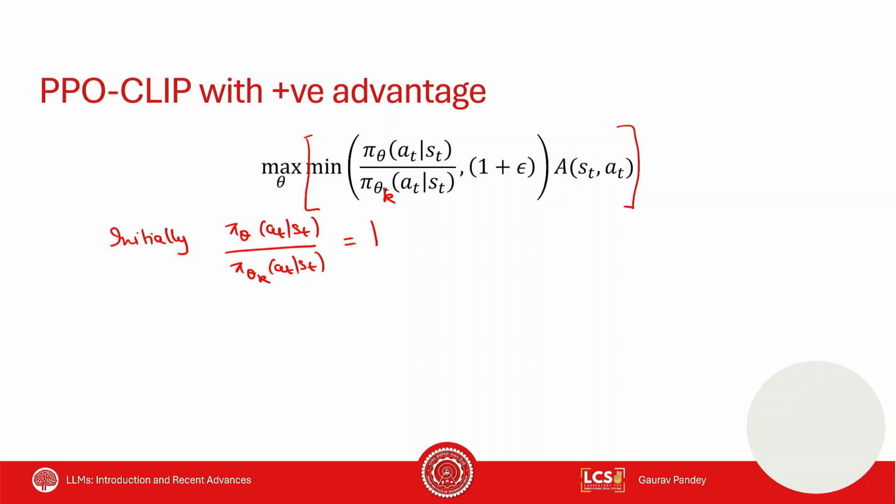And because the advantage is positive, this entire expression will increase, and it is less than 1 plus epsilon. So initially, this is just maximized over theta, pi theta over pi theta k times advantage.